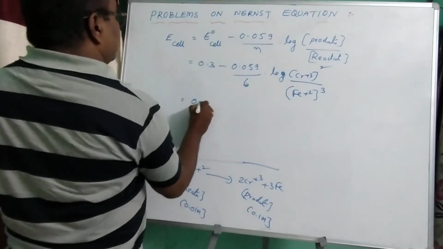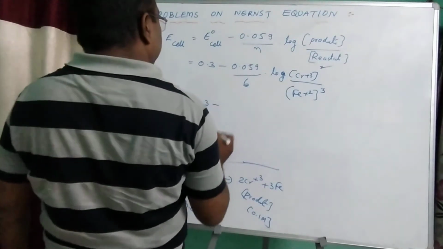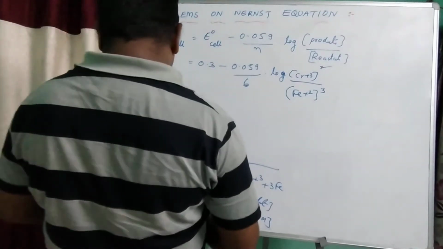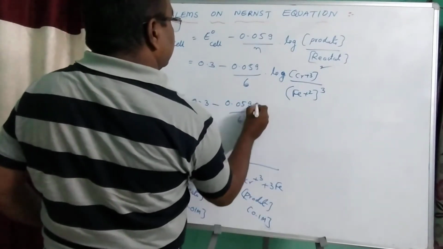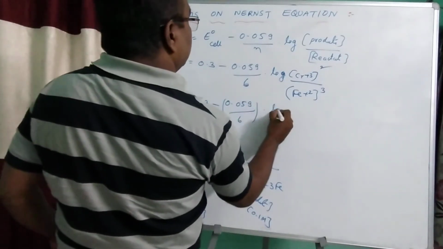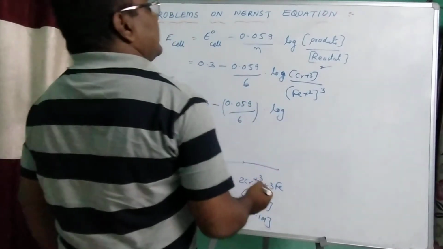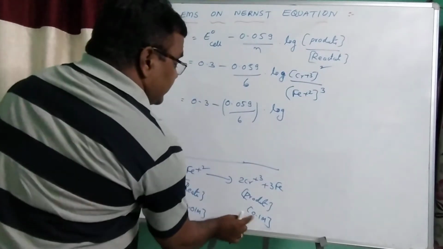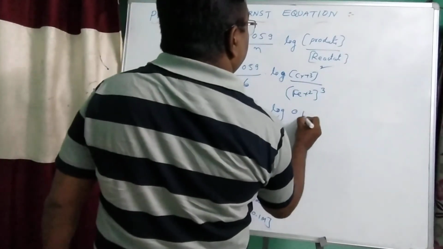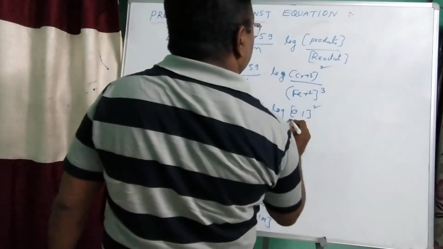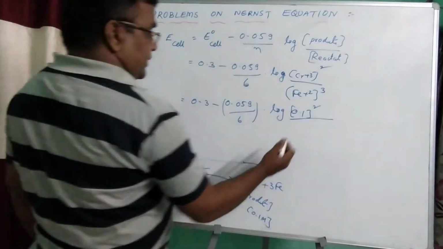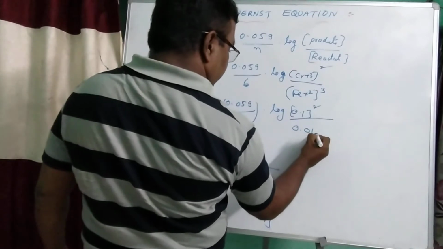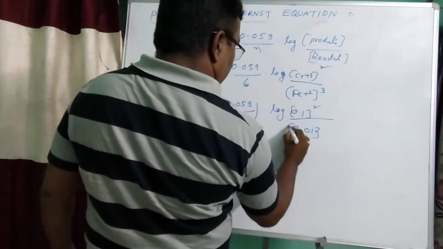That is 0.3 minus 0.059 by 6 into log, Cr plus 3 concentration 0.1 whole square by ferrous ion concentration 0.01 whole cube.